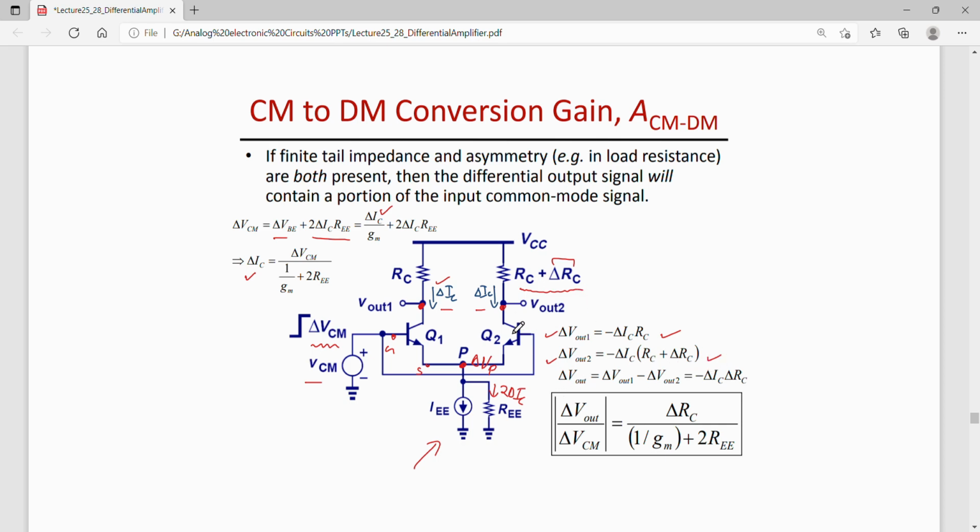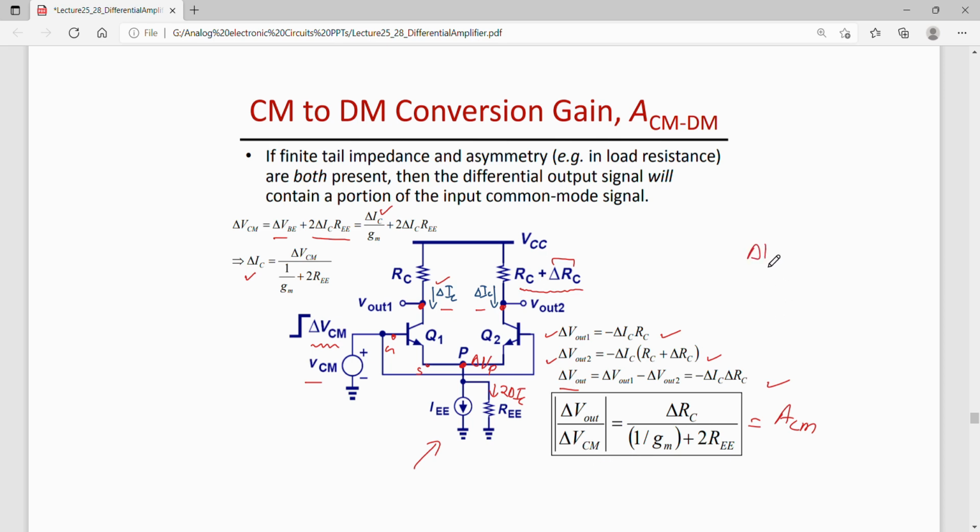So the overall differential output, the change in differential output, that is delta Vout, is delta Vout1 minus delta Vout2. Okay. Which is equal to minus delta IC times delta RC. Okay. Now one can find out this delta Vout by delta VCM, which is also the common mode gain. Okay. And this common mode gain, I would ideally want it to be 0. So let us see delta Vout by delta VCM.